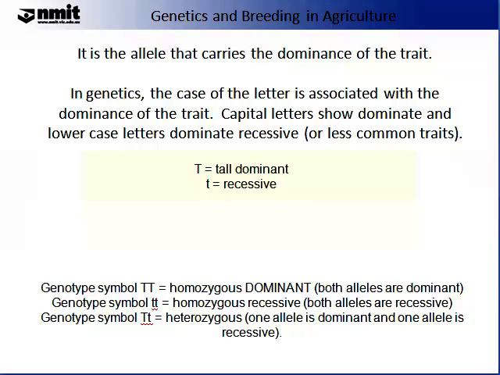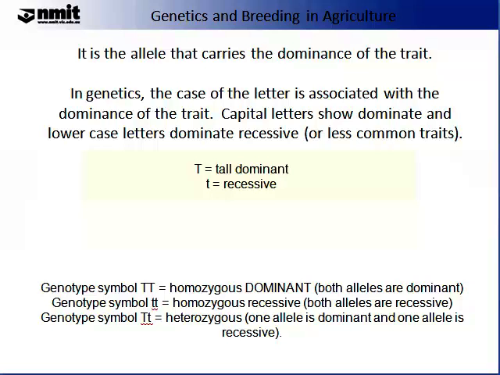When we look at these alleles, we can see the genetic symbol described. If you have a genetic symbol, uppercase TT, what you're actually describing is a homozygous dominant. That is, both alleles are dominant. Where you have a genotype symbol, lowercase tt, you are showing that it's a homozygous recessive.